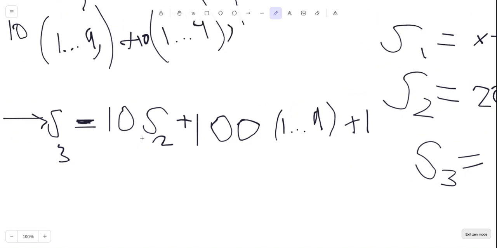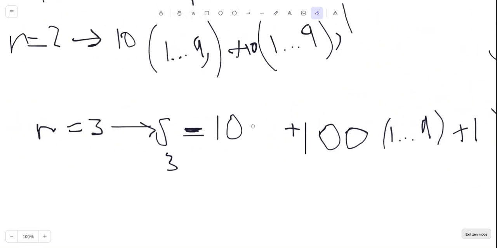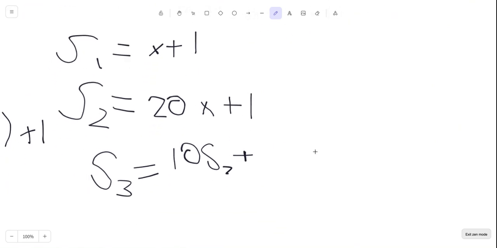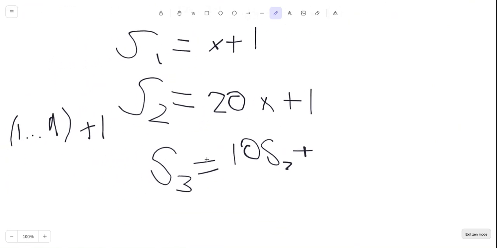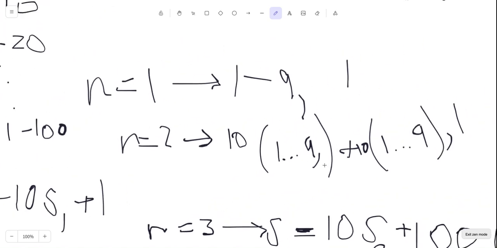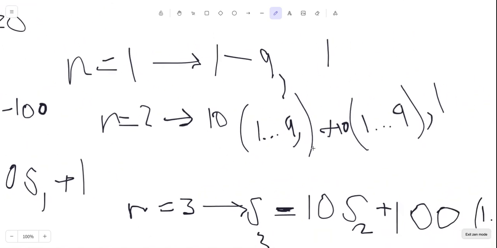Okay, so for n equals 2, we have 10 of these, and then 10 of those, and then the 1, which is 20x plus 2.